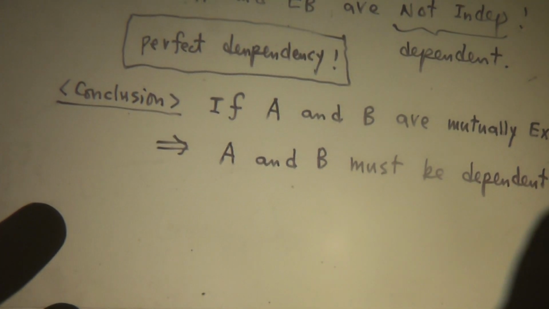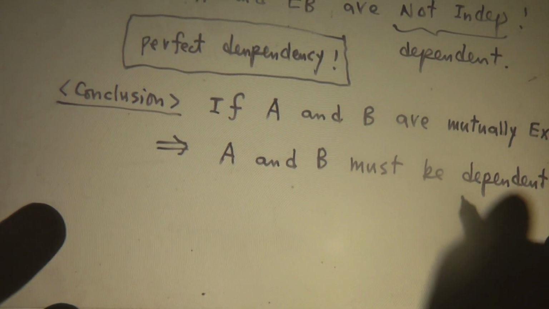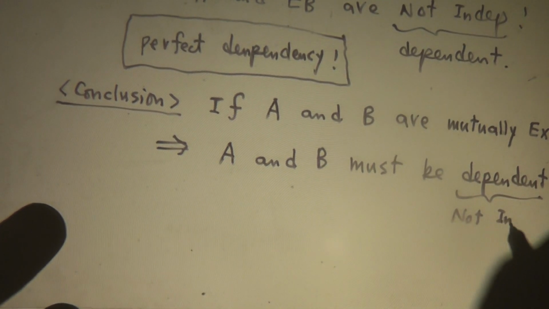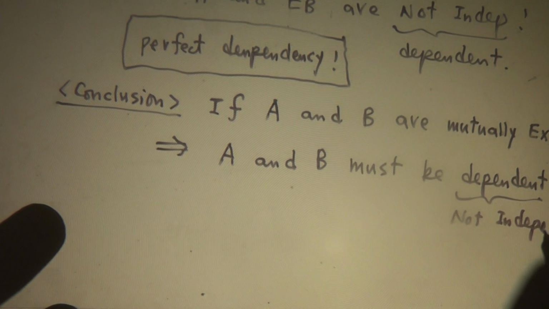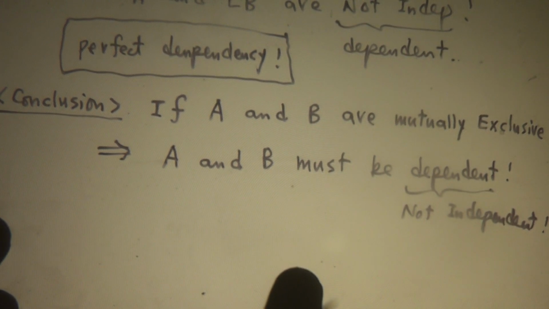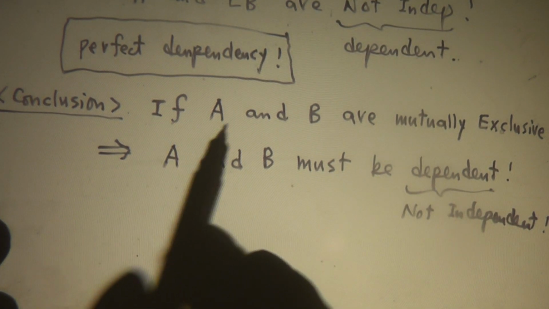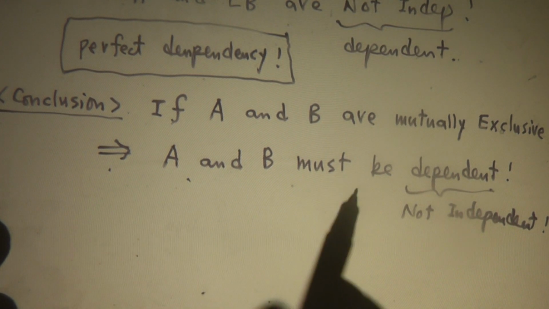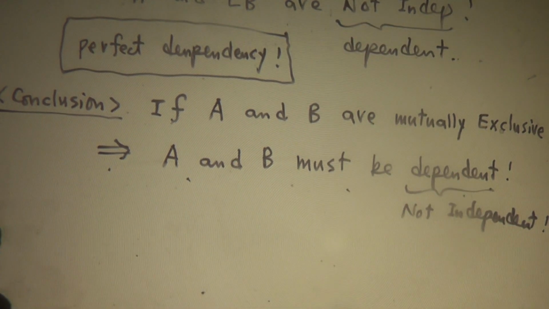One happening implies the other must not happen. So it's not independent. Let me try one more time. What is the relationship between two mutually exclusive events or disjoint events? If A and B are mutually exclusive, then they must be dependent. Okay? You want to copy? Go ahead.